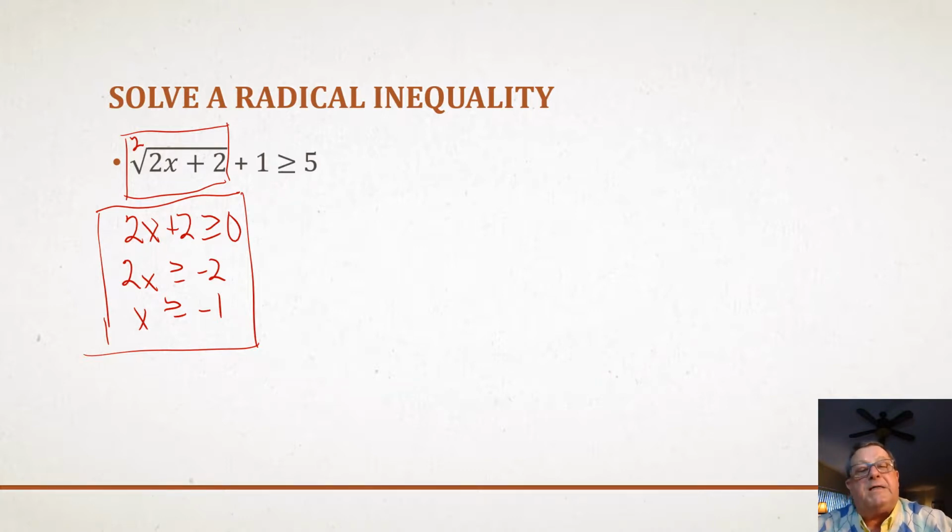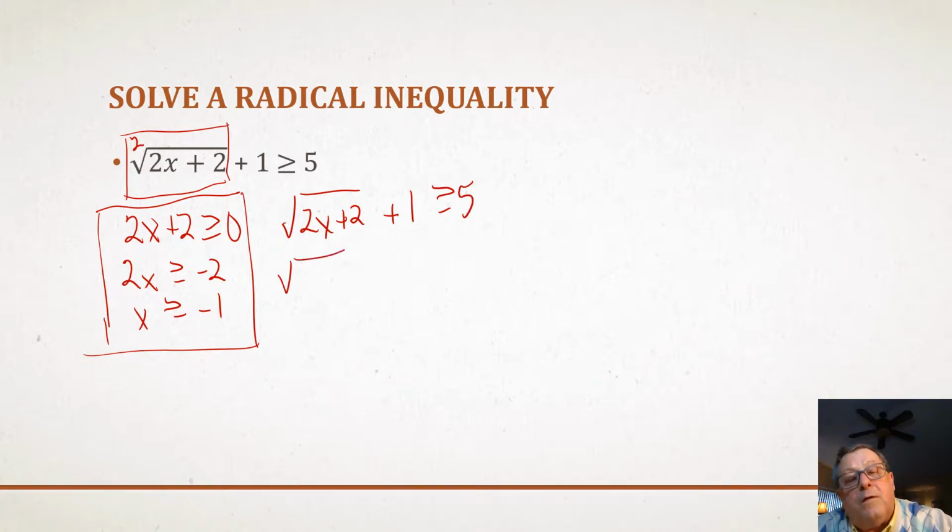Now I'm going to the second step. Second step is I'm just going to solve the inequality. So we've got the square root of 2x plus 2 and then plus 1 greater than or equal to 5. I'm going to subtract 1 from both sides, so we got the square root of 2x plus 2 is now greater than or equal to 4. 5 minus 1 is 4. I think you'd agree with that.